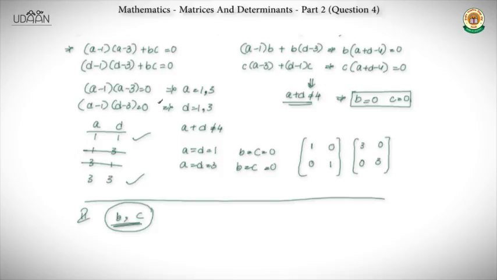So the only condition left will be BC equal to 0. In that case, let's say B is equal to 0, so C could be any value. That is why we have an infinite number of solutions.